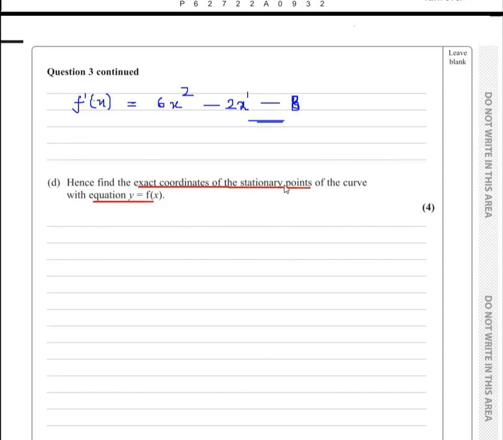Whenever they ask for the stationary points or exact coordinates of stationary points, it means we have to take f dash of x and equate it equal to 0. So f dash of x we have already got, which is 6x squared minus 2x minus 8. We have to equate it equal to 0.